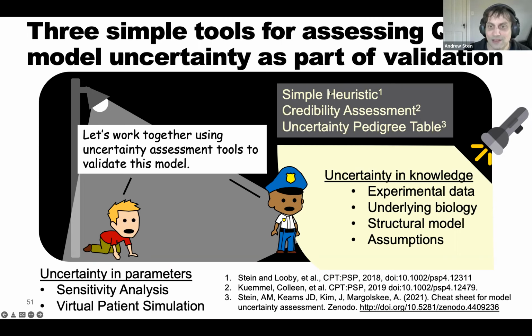The summary is, again, when it's possible, a simple heuristic is a really great way to go, because 95% of the work is developing the mechanistic model. If you can come up with a simple heuristic that takes just a little bit of time, it gives you a chance to benchmark. But in cases where that's not possible, the credibility assessment and the pedigree table are additional tools you could use.